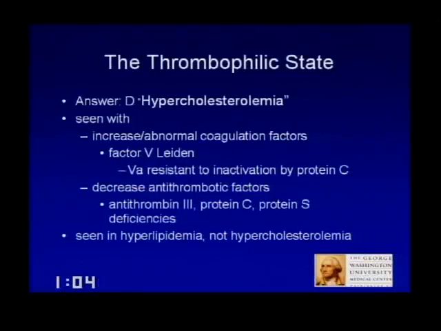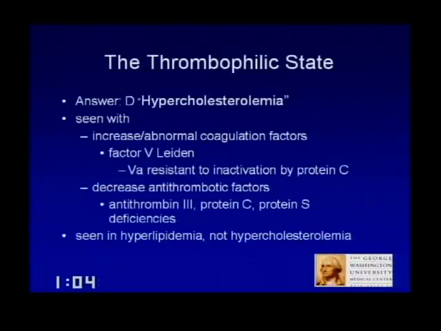The most serious of the thrombophilic conditions are patients with a decrease in antithrombotic factors, and the worst of these is antithrombin 3 deficiency. It's usually familial. Patients will often know it when they come in. Heparin and low molecular weight heparin will not work in these patients. You have to use a direct thrombin inhibitor in those patients.